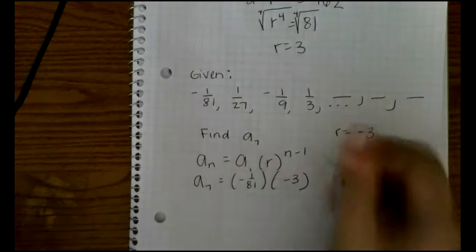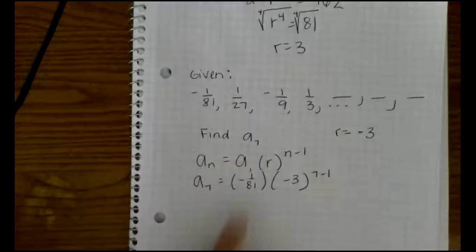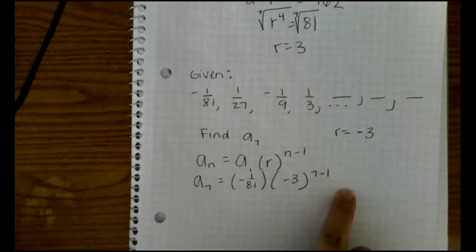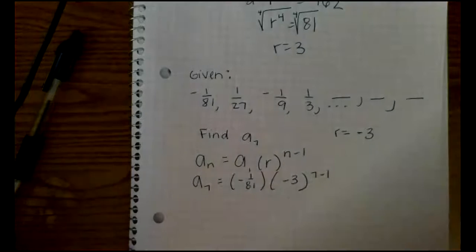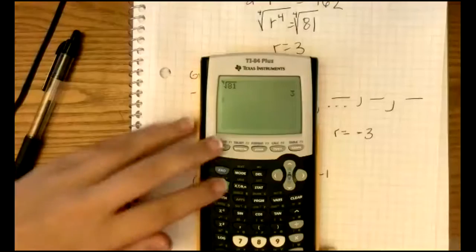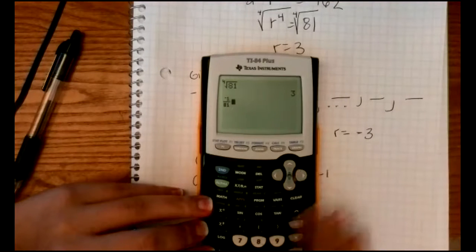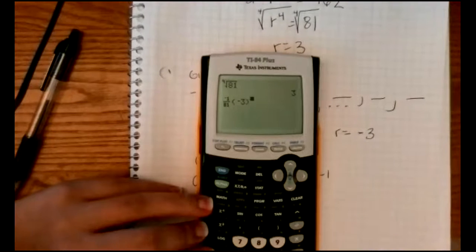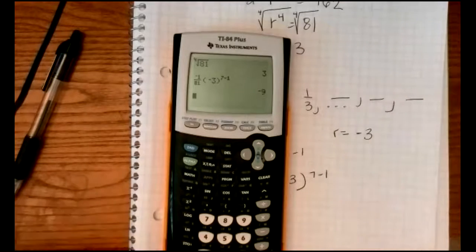N is the term number. So 7 minus 1. Okay, and you're going to type it in exactly like that. Only the -3 is being raised to the exponent. Okay, so -1 over 81 times -3 to the n minus 1, and we get -9.